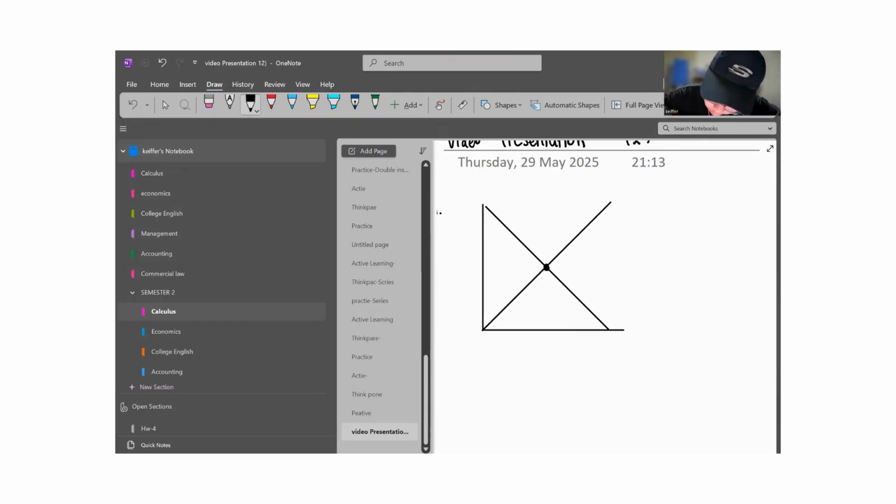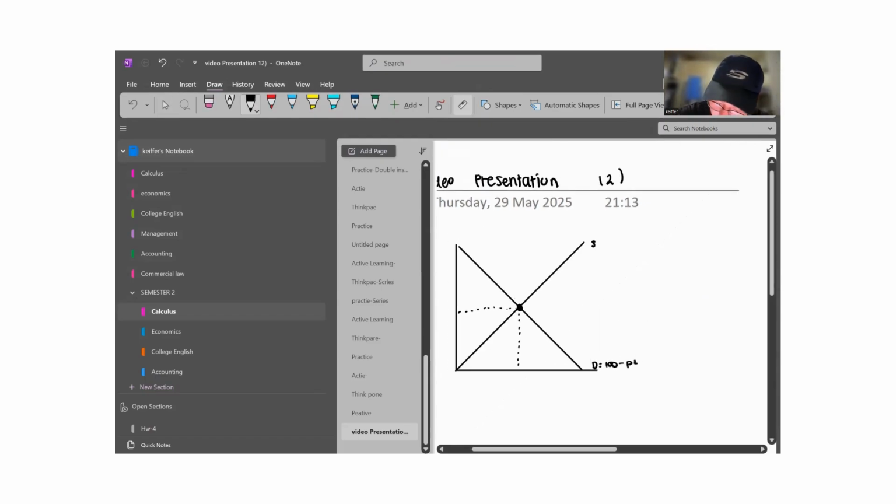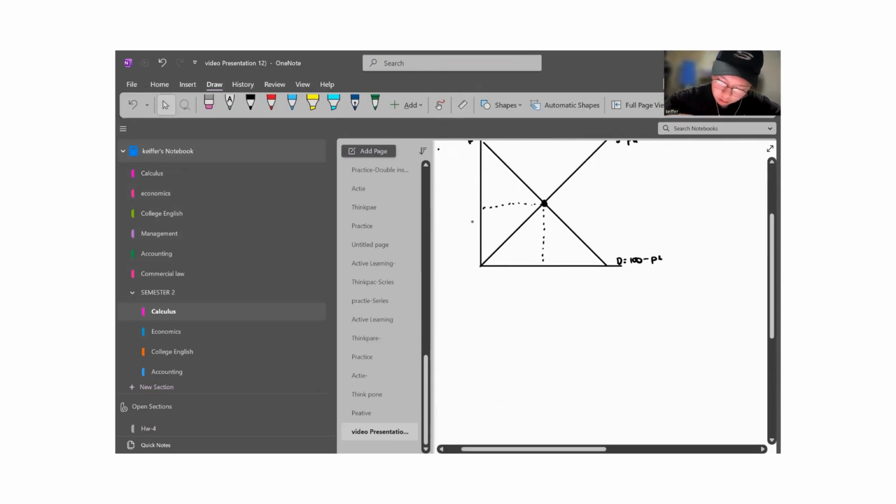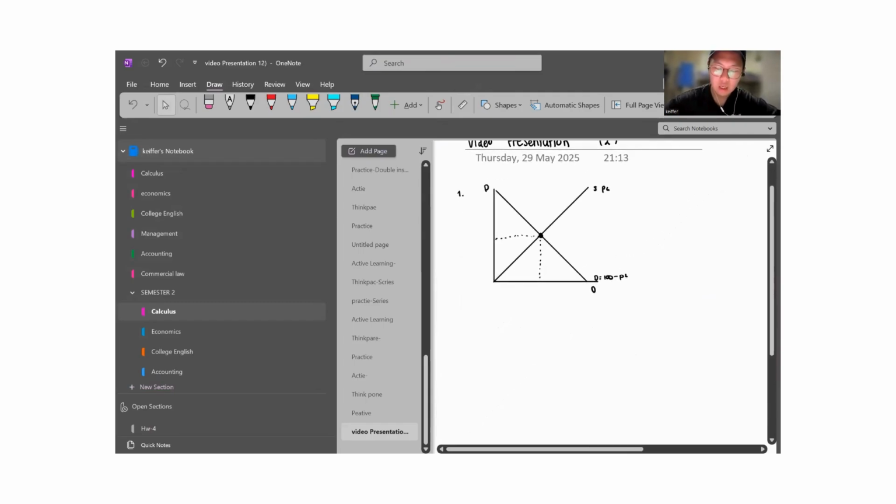And this is the equilibrium. Demand is this, this is supply. And this is output. Okay, this is the diagram for consumer surplus and demand and supply curve.